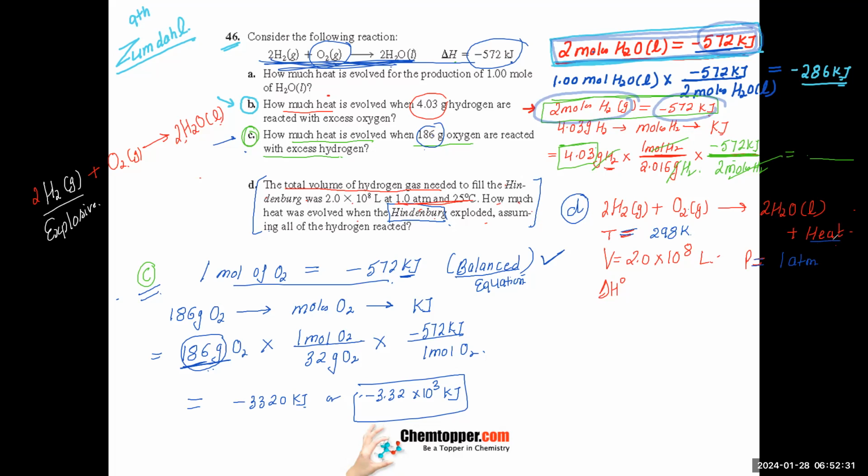I know delta H of the reaction. See? So one more thing is given. I know that 2 moles of H2 on combustion gives you minus 572 kilojoules of energy. I know this from the balanced equation, right?